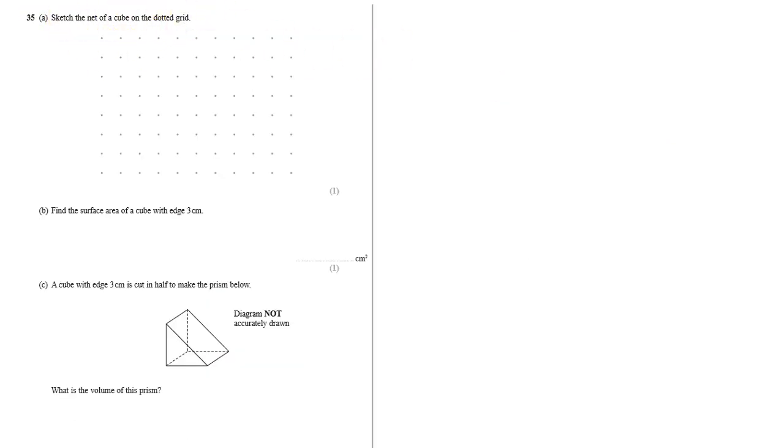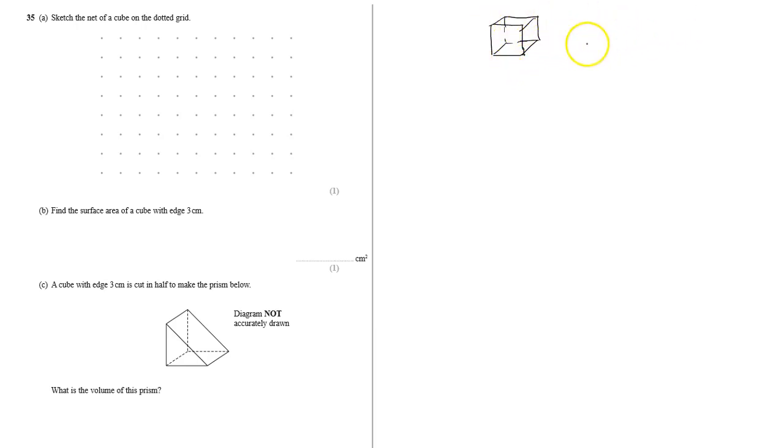Sketch the net of a cube on the dotted grid. So we know that a cube has 6 faces: 1, 2, 3, 4, 5 and 6.